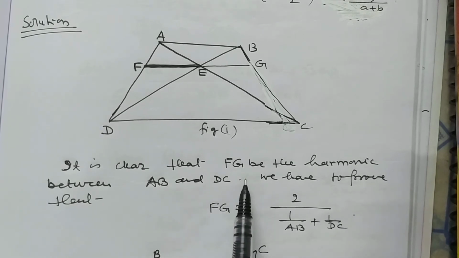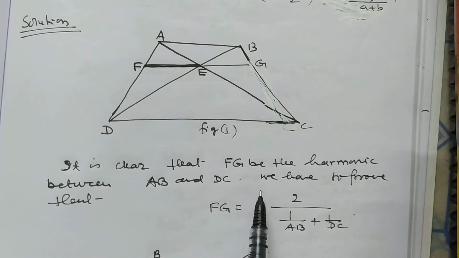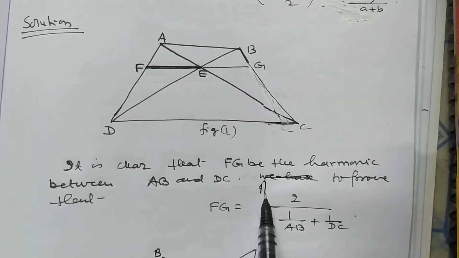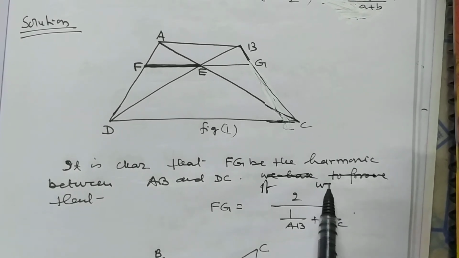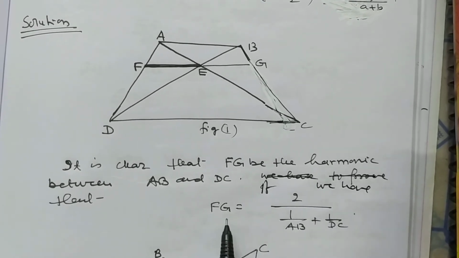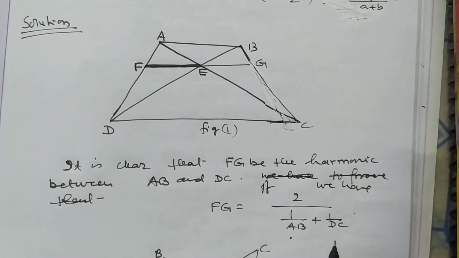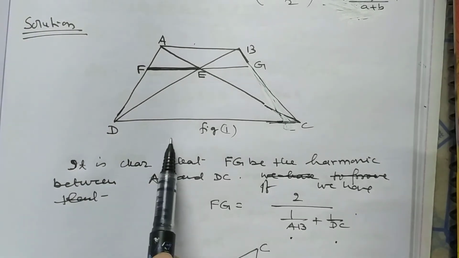It is clear that FG is the harmonic mean between AB and DC if we have FG equal to 2 by (1/AB plus 1/DC).